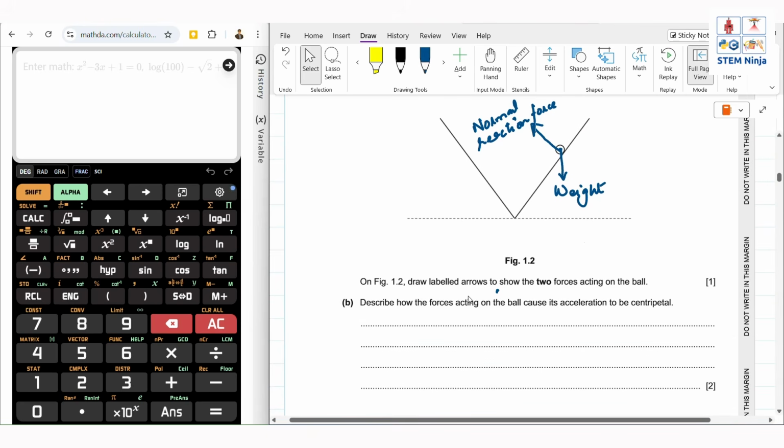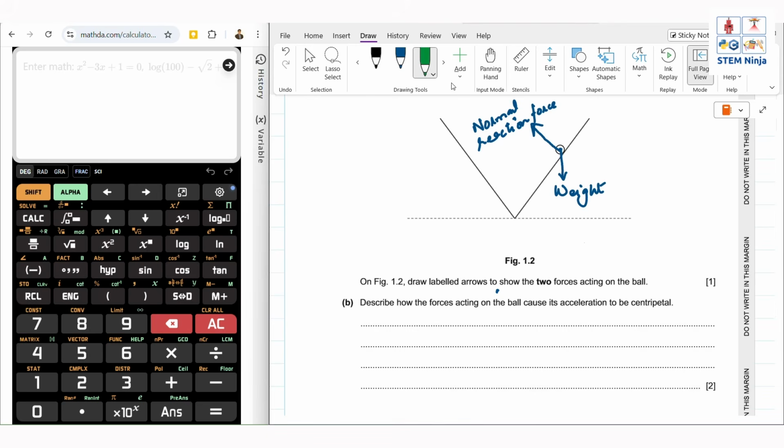Describe how the forces acting on the ball cause its acceleration to be centripetal. Okay, now before we answer this, let's see this over here. So weight is vertically downwards. It has nothing to contribute to centripetal force because centripetal force is directed towards this way. How then do we resolve the normal reaction force into these vertical and horizontal components?